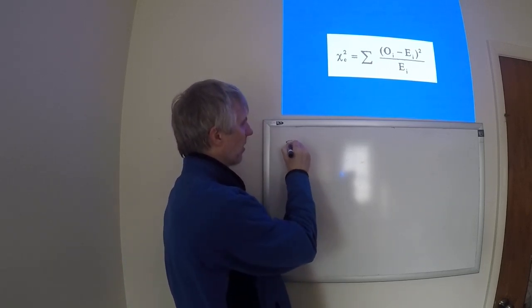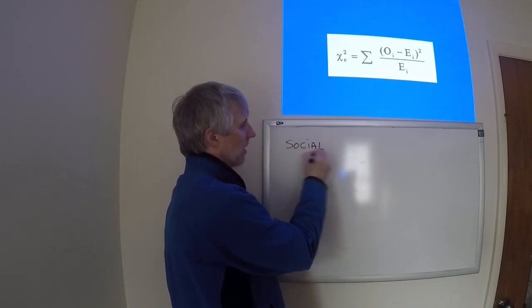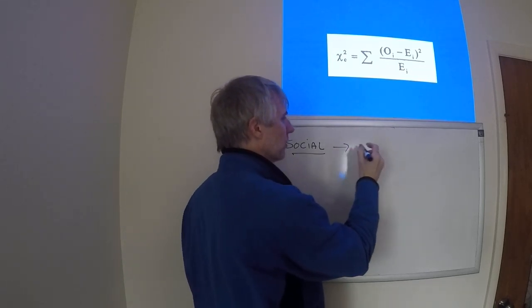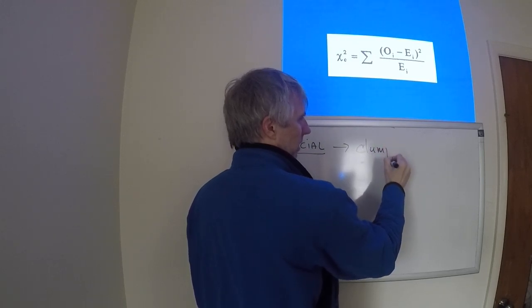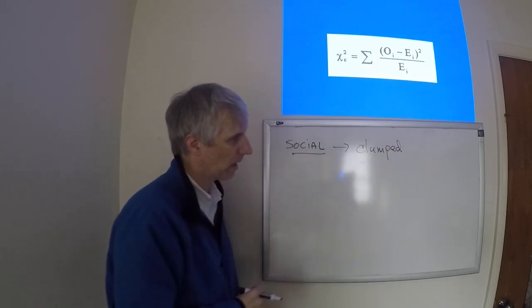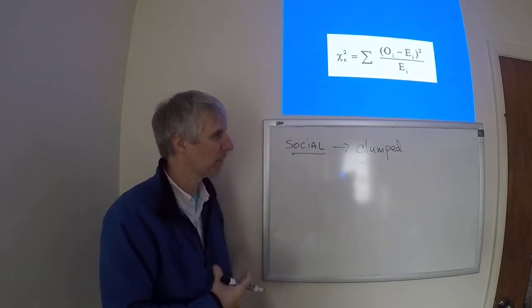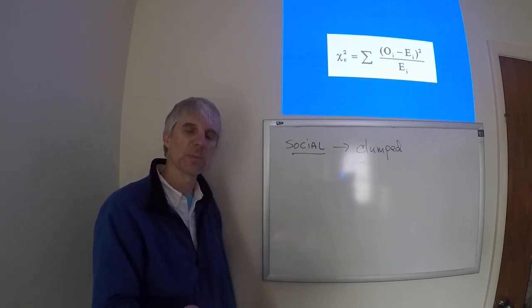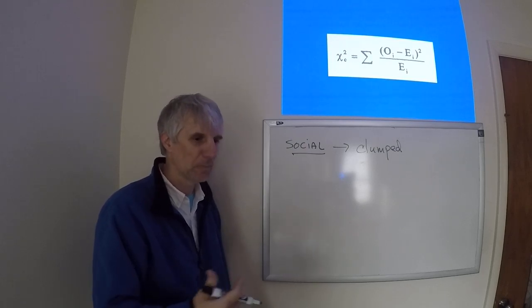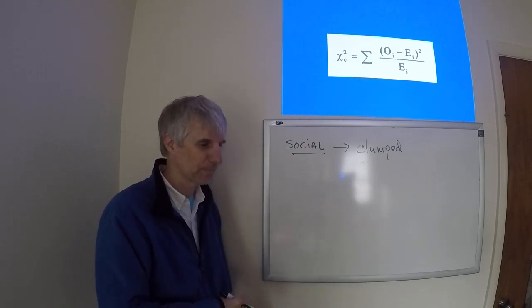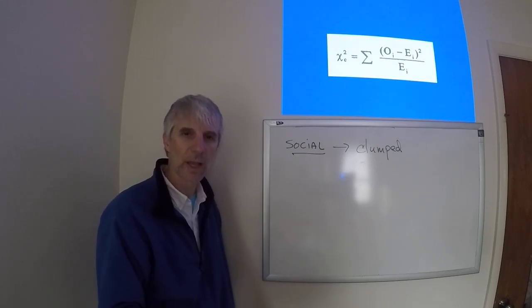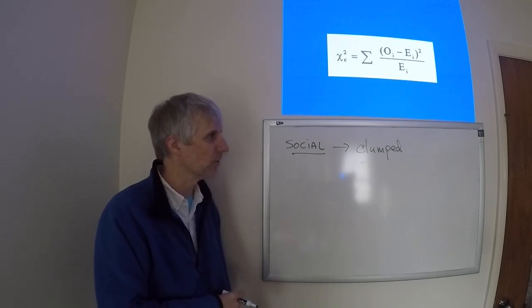So, if our organisms are social, if they like to hang out in groups, then I would suspect that my organism has a clumped distribution. Zebras have clumped distributions. Meerkats, prairie gophers, they have clumped distributions because they're social animals. They tend to live together in groups.